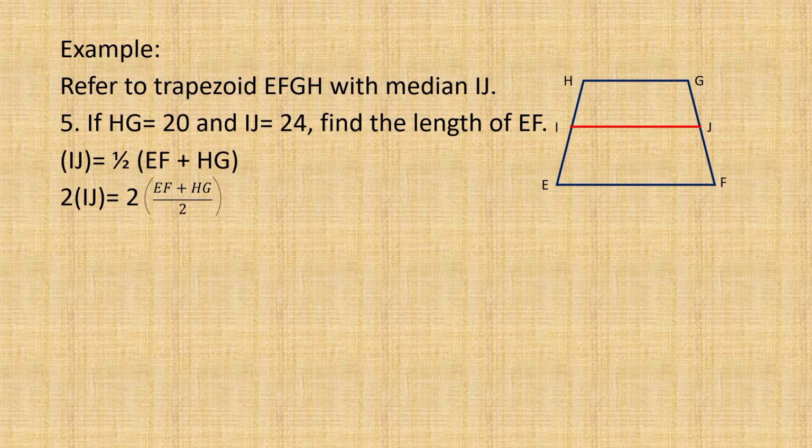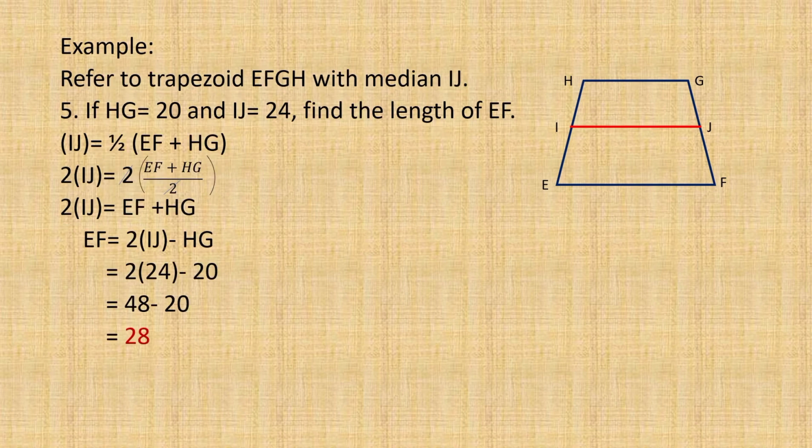To eliminate the denominator 2, we are going to multiply both sides of the equation by 2. So we can cancel the 2 outside and the 2 in the denominator. So we only have 2 times IJ is equal to EF plus HG. To solve for EF, we are going to subtract HG from twice IJ.